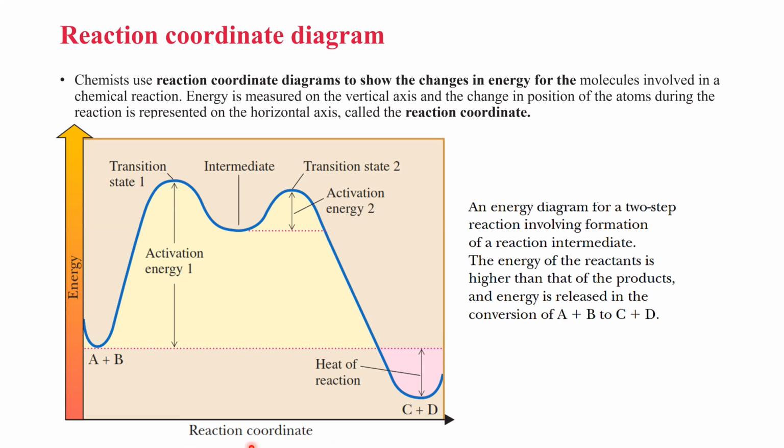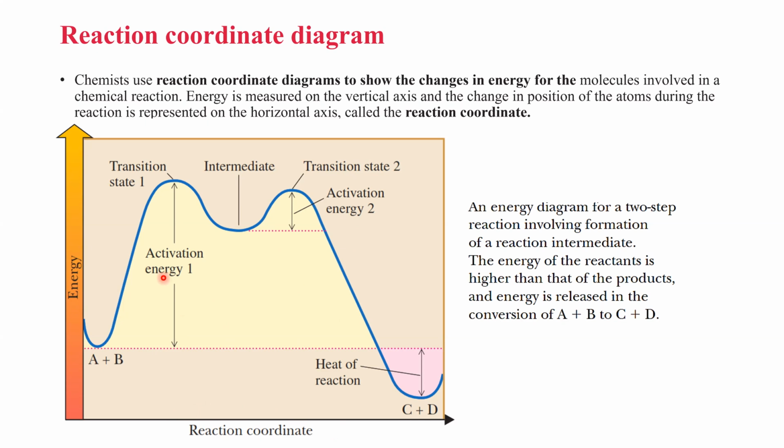The reaction coordinate is basically the structural changes which the reactants are going through with the passage of time, and we examine these by using different tools, though that is not our discussion right now. So you have to focus that when a graph is plotted between the energy on the y-axis and the reaction coordinate on the x-axis, this is called the reaction coordinate diagram.